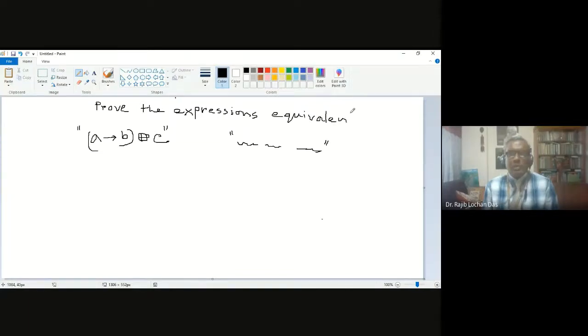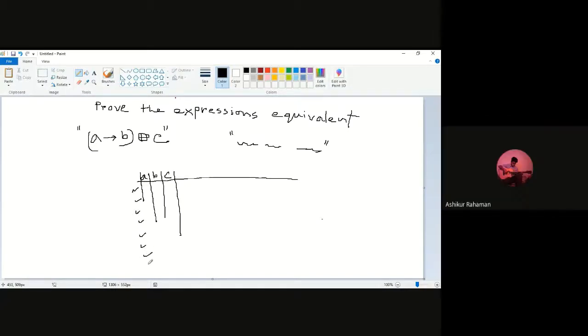So how will you prove that? You will make the truth table. In the truth table you will write the variables first. Mostly I will give three variables. If you have three variables, how many lines will there be? 8 lines, sir.